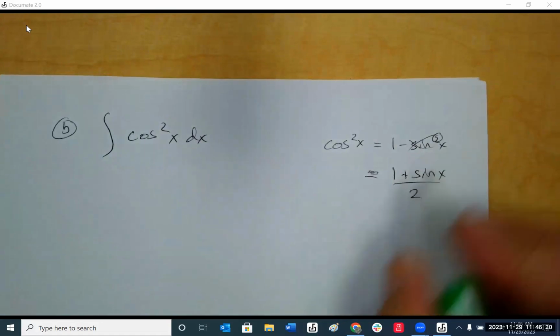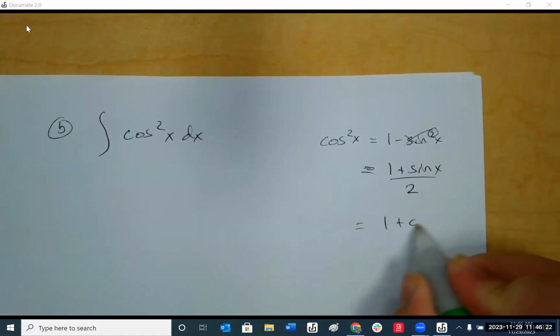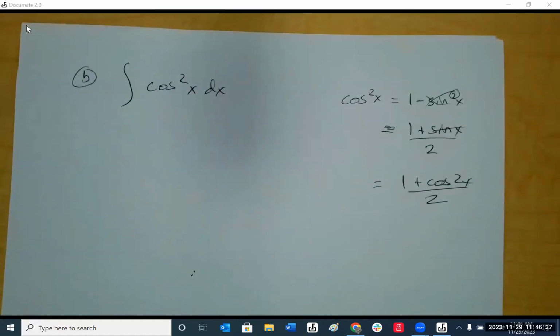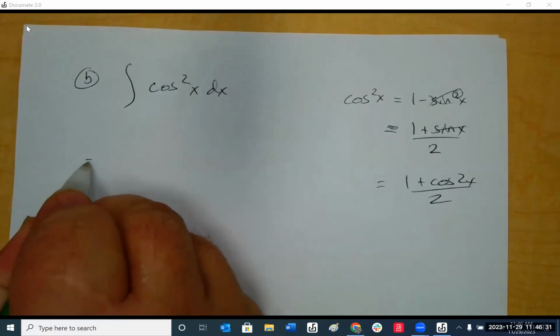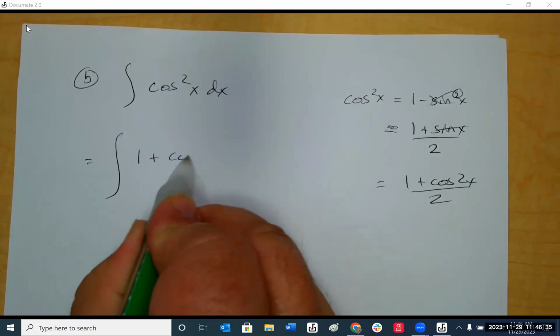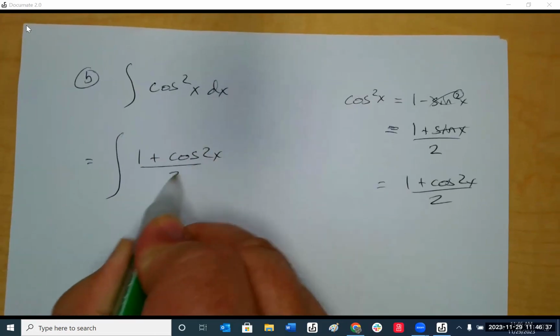No, it's a double angle. It's 1 plus cosine 2x over 2.